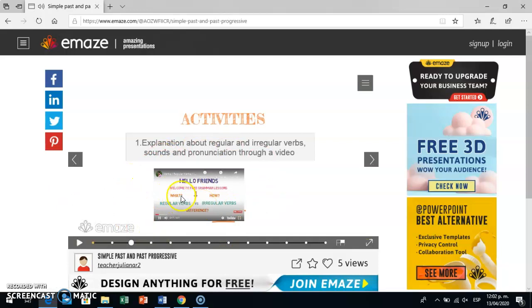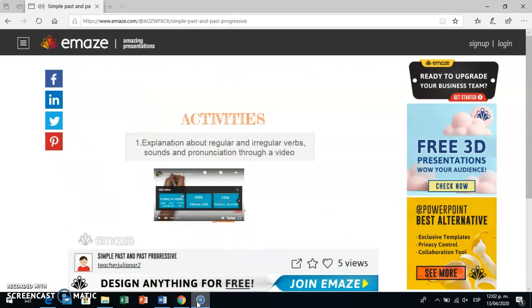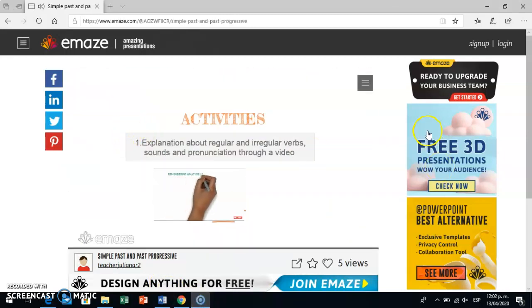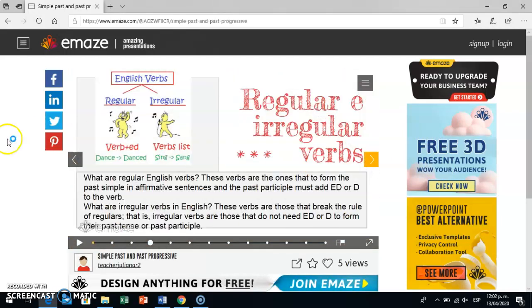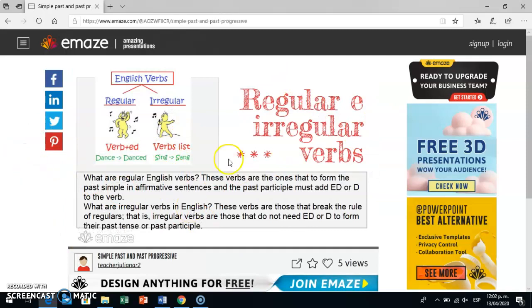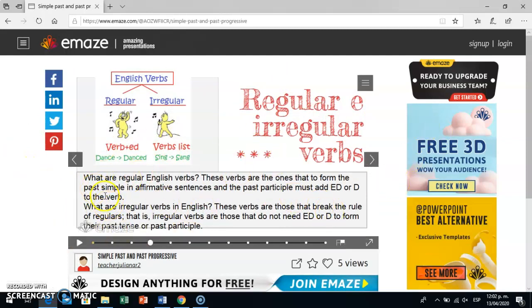Here is the video about the topic, and this is an explanation about the regular and irregular verbs. There is the explanation about the difference between both regular and irregular.